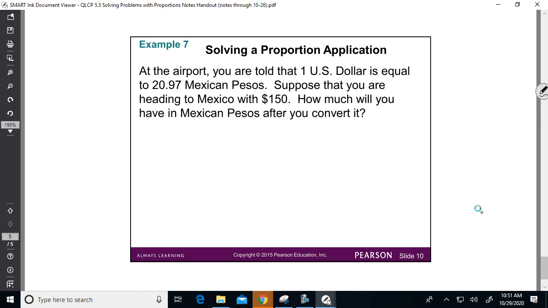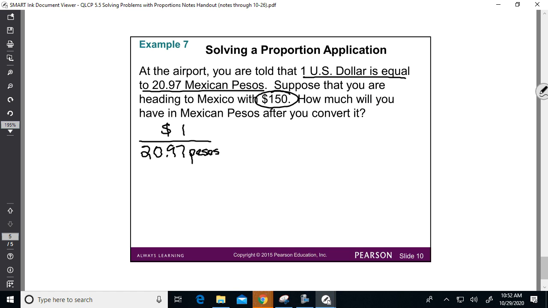So, just like the scale, when they give you something related to currency, they're setting up half of the problem for you. So $1 US is equal to 20.97 pesos. So you're heading to Mexico for $150.